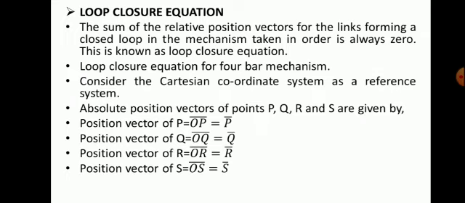Absolute position vectors of points P, Q, R and S are given by: position vector P is equal to OP, position vector of Q is equal to OQ, position vector of R is equal to OR, position vector of S is equal to OS.